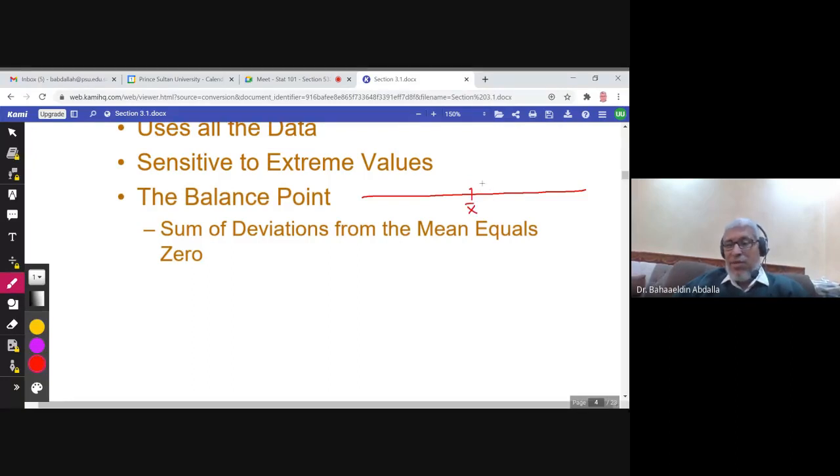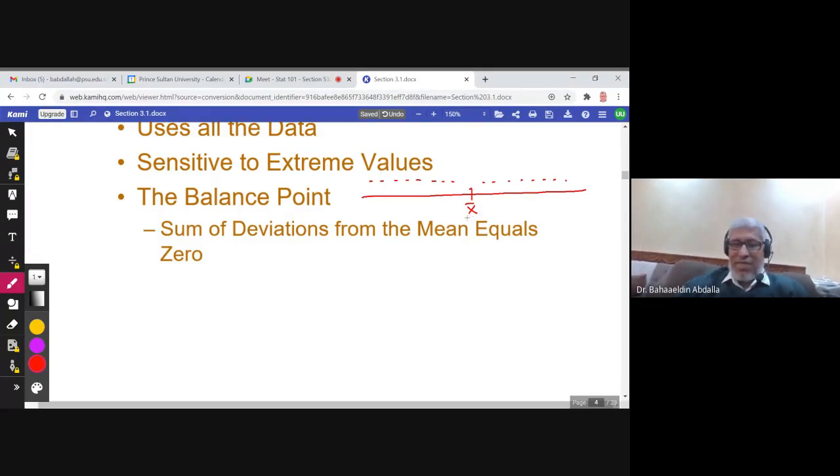There are numbers to the right of X bar, and there are numbers to the left of X bar. Now, if you find the distance between all the numbers to the right and X bar, you will find it equal to the distance between all the numbers to the left and X bar.